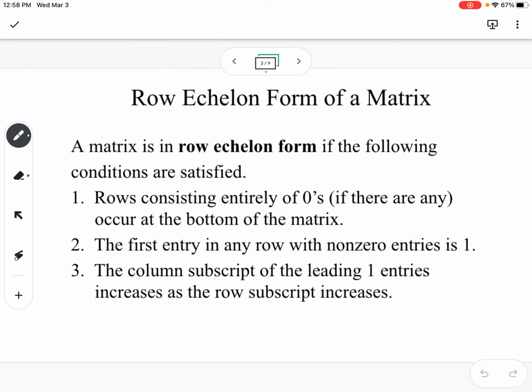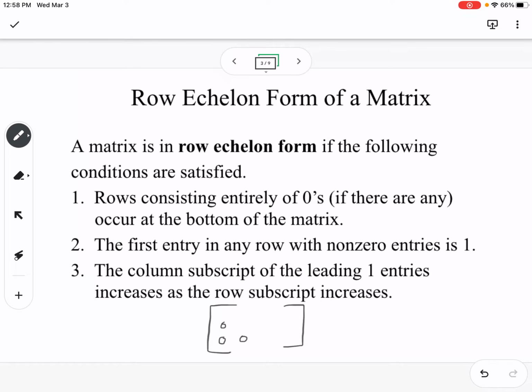So we have row echelon form of a matrix and then reduced row echelon form of a matrix. Row echelon form, just to give you an idea, is that along the diagonal you're going to have 1s, and zeros in the other positions.